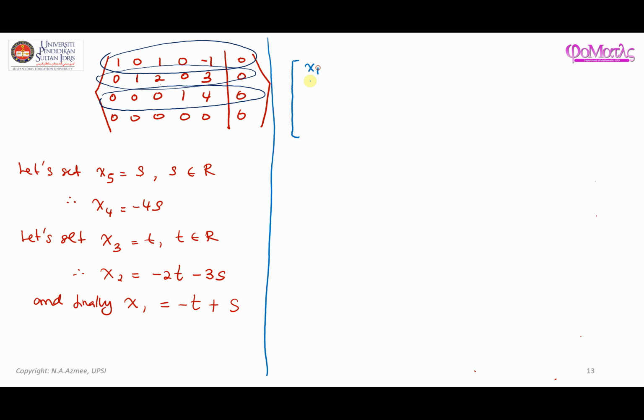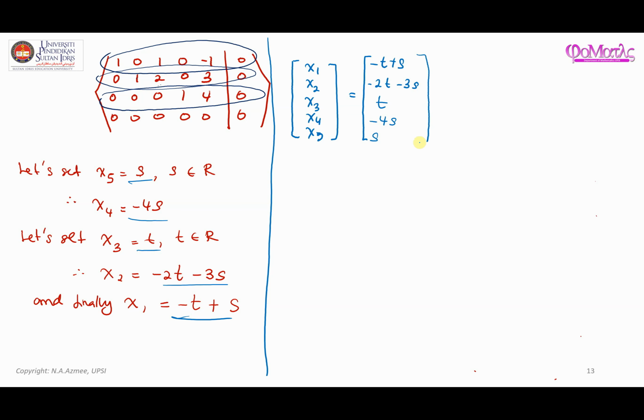We have x1, x2, x3, x4, and x5, and this is equal to: x1 is negative t plus s, x2 is negative 2t minus 3s, x3 is equal to t, x4 is negative 4s, x5 is s. Here we recognize there are two components related to t and s, and we can separate them. So it will be looking like this.